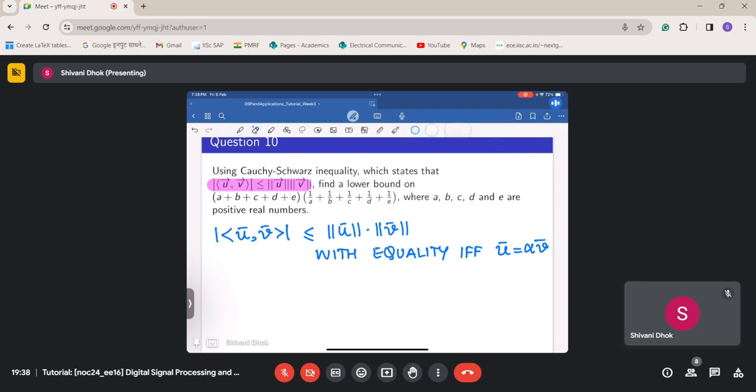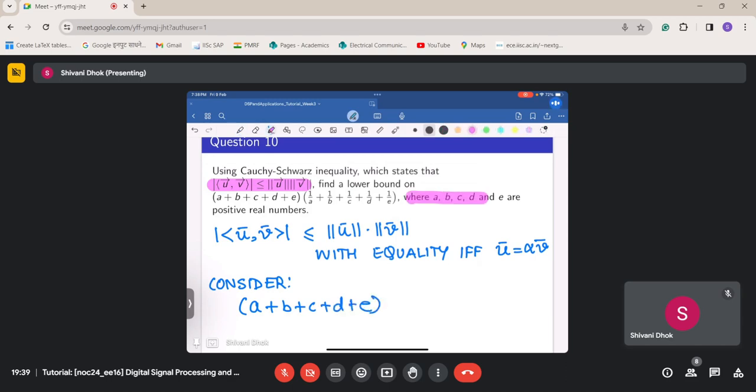So we have this thing here, and what it says is find the lower bound on this quantity where A, B, C, D, and E are positive real numbers. So let us try to use this particular thing in order to find this lower bound. For that, first of all, consider A plus B plus C plus D plus E. What do we know about them?